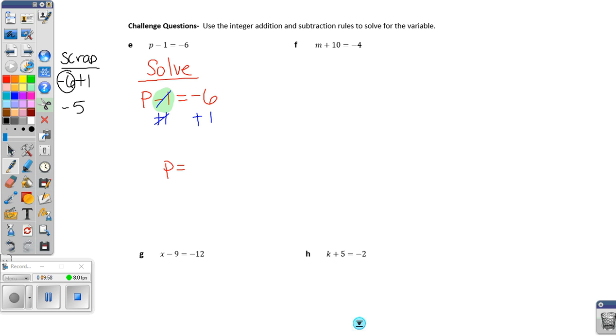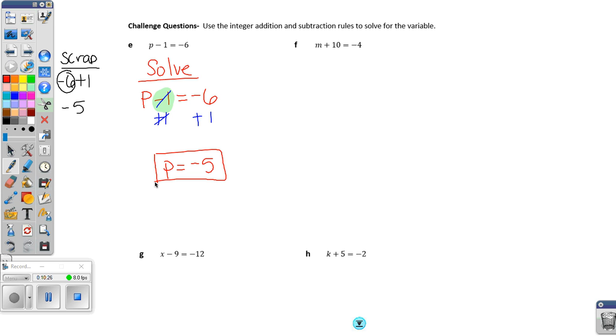If we're thinking about this problem on the number line, negative 6 plus 1 would mean I went to the left 6 on the number line, and then I went to the right 1. My solution is in the negative zone on my number line. That's why my solution is negative 5. So p is equal to negative 5. My scrap work helped me calculate that sum. All right, so that's question E.